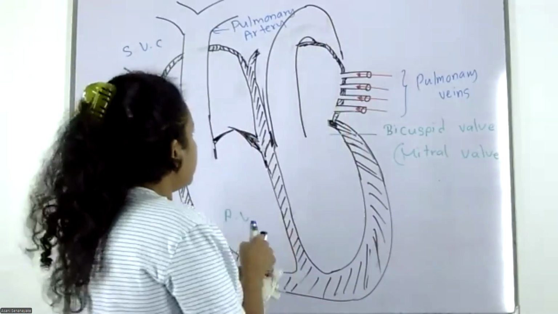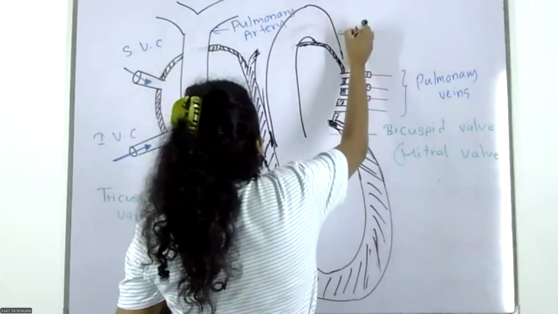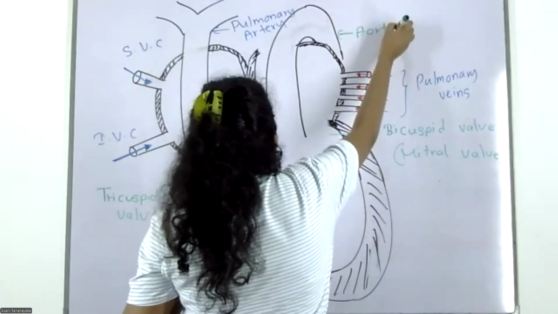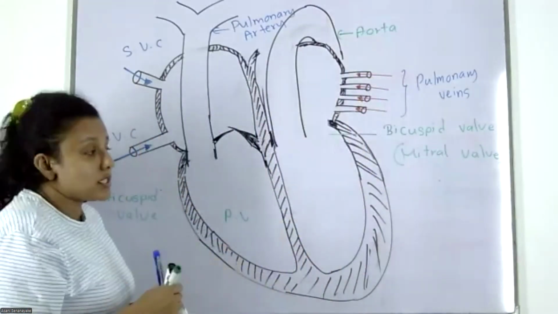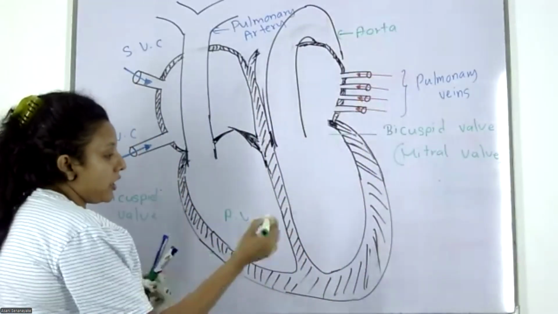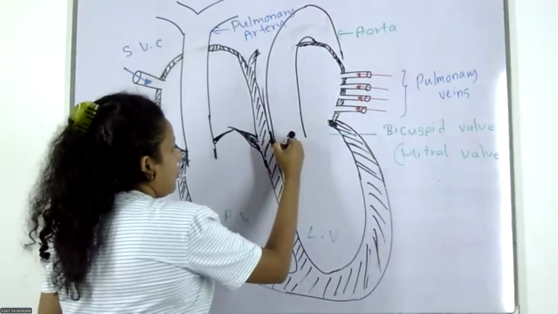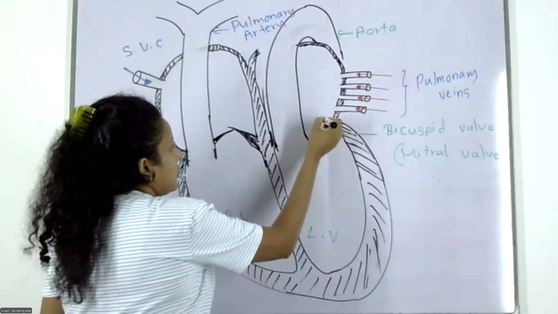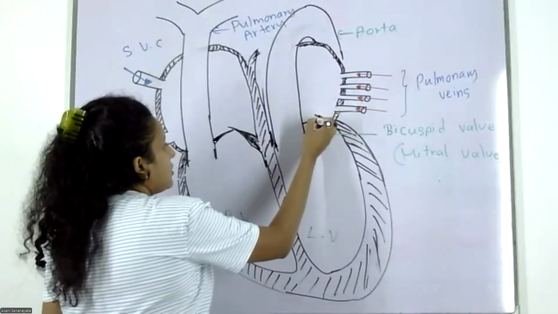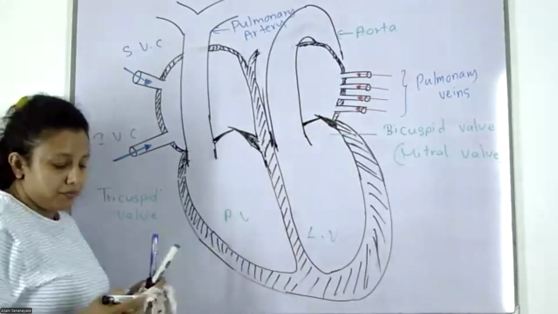This I label as aorta. So how does the aorta start? It starts from the left ventricle. Here the mitral valve is there. I am just showing the mitral valve like this.